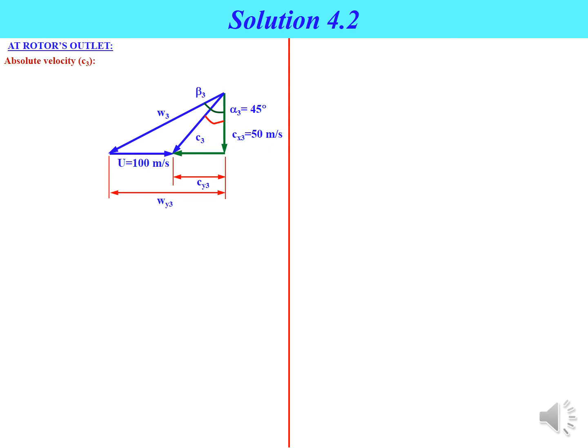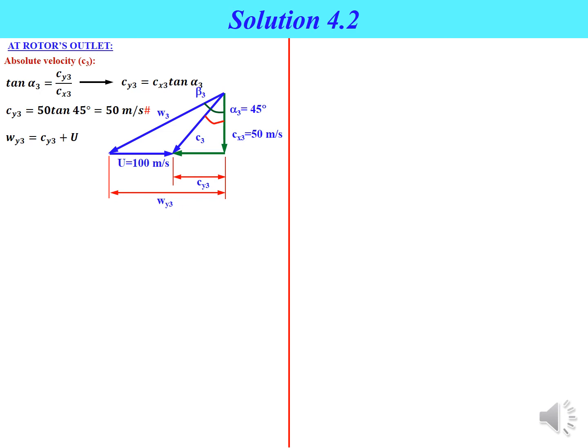So for the absolute velocity C3, use the tangent formula, tangent alpha 3 equal to Cy3 divided by Cx3, where Cy3 equal to Cx3 tangent alpha 3. So we get the value for Cy3 equal to 50 meter per second.